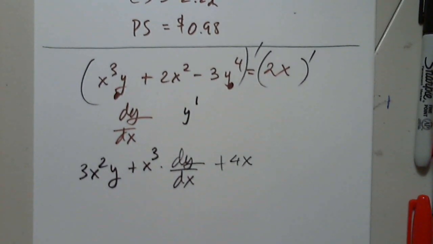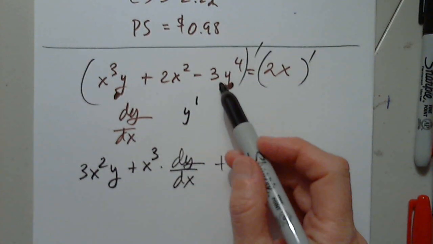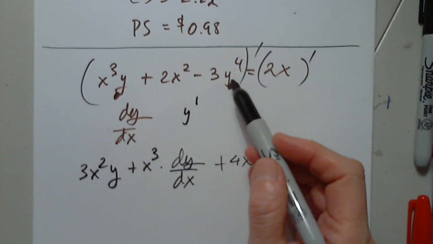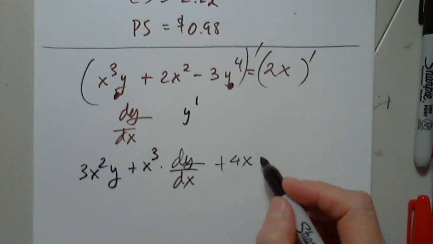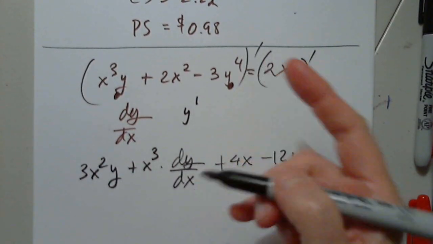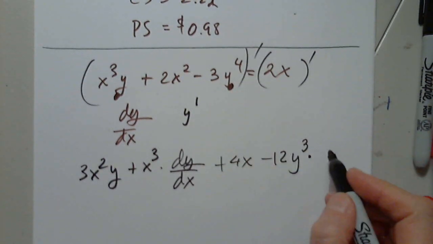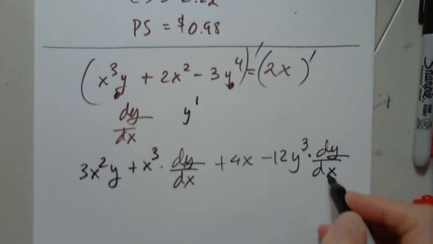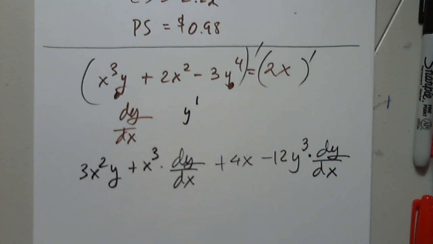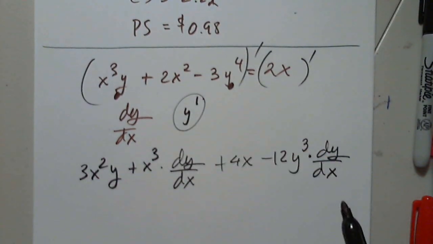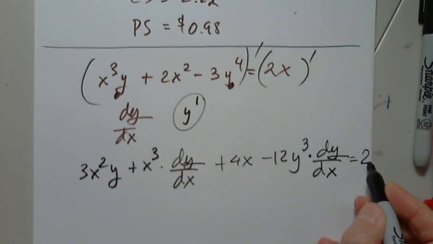It's just for x. But when I differentiate negative 3 times y to the fourth, multiply, negative 12, subtract 1 from the power. But since this is a function, you have to multiply by the inner function prime. And please do not write y prime, but write dy over dx. When I differentiate the other side, that's easy. It's just 2.